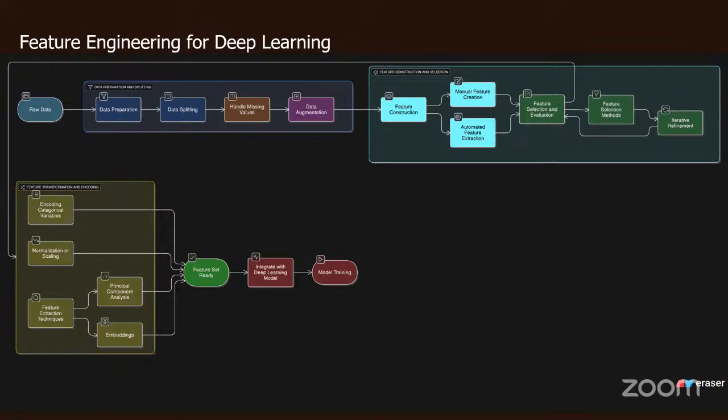All these come under feature selection methods. After choosing the method, finally, we adopt iterative refinement. This is never one shot. We experiment, evaluate, and refine, and keep improving the feature set again and again.